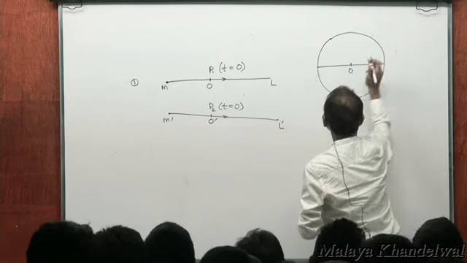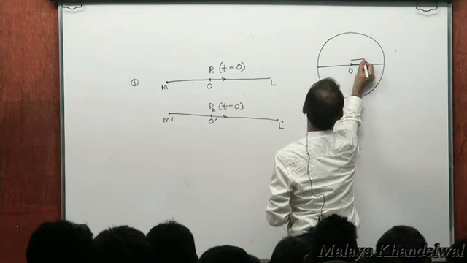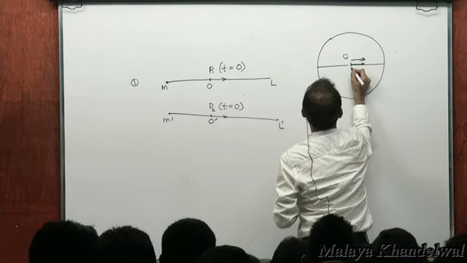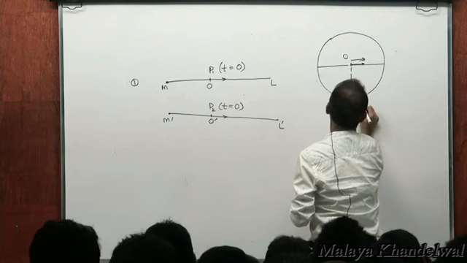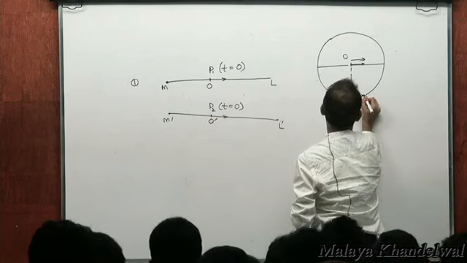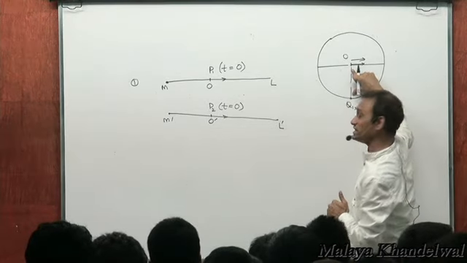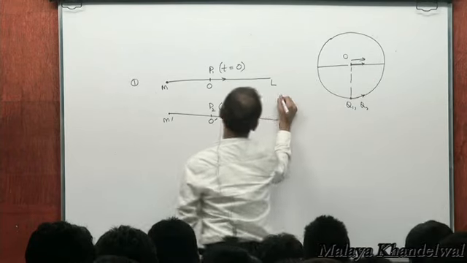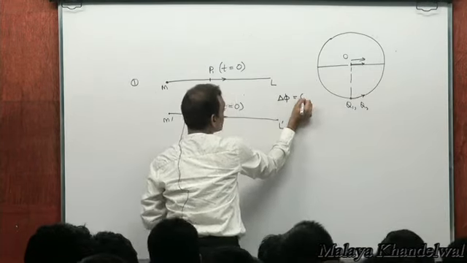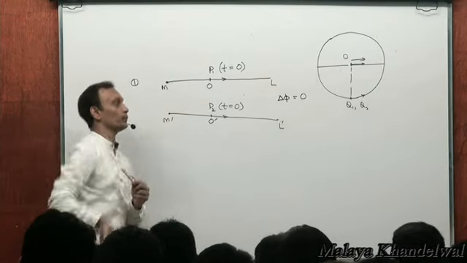Now, the one particle was going this way, the other particle was going this way. Do you realize then that their corresponding auxiliary particles Q1 and Q2 were both in the same state and moving like this? So what was the difference in the angles between Q1 and Q2? 0. So in this case, the phase difference between the two oscillations is 0. Yes or no? Right?